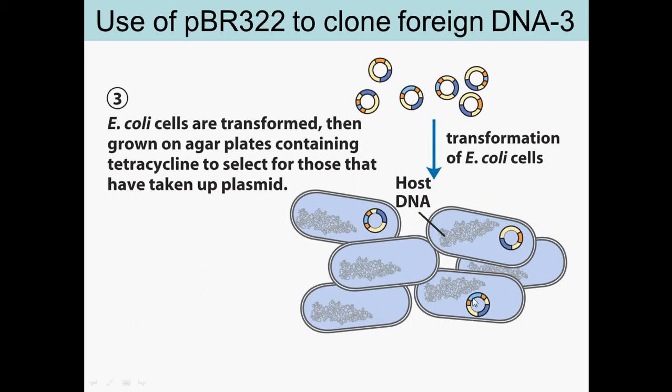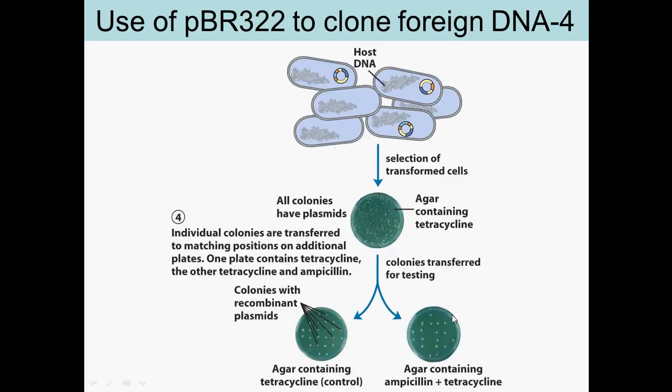So this one also lost the resistance to ampicillin. And then you grow it on tetracycline. So all the cells that don't have any plasmid will die, and all the cells that have some sort of plasmid will live. See, this one doesn't have our gene of interest, just has a plasmid, so that will still be living here.